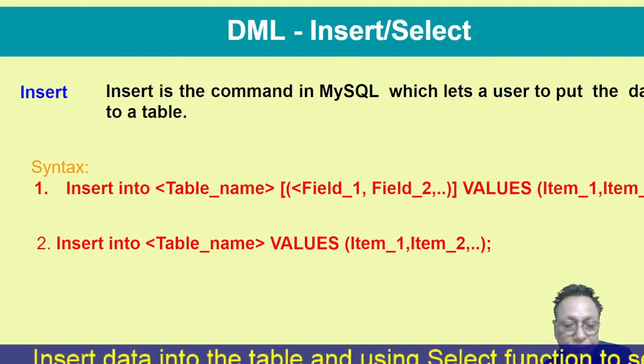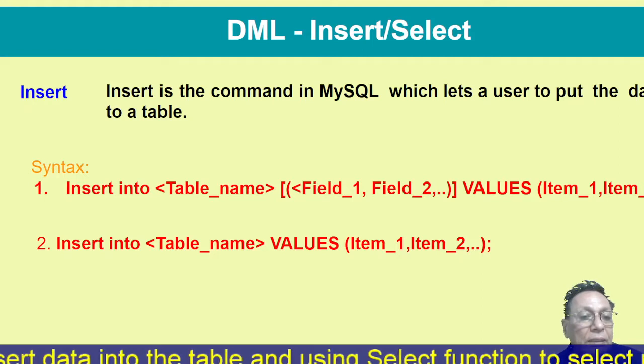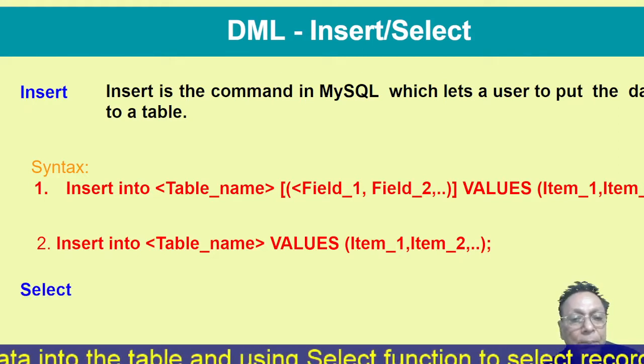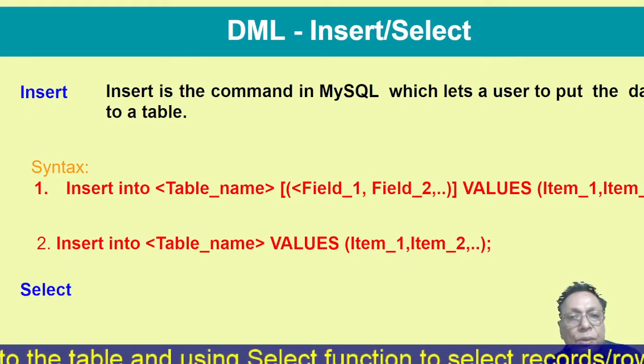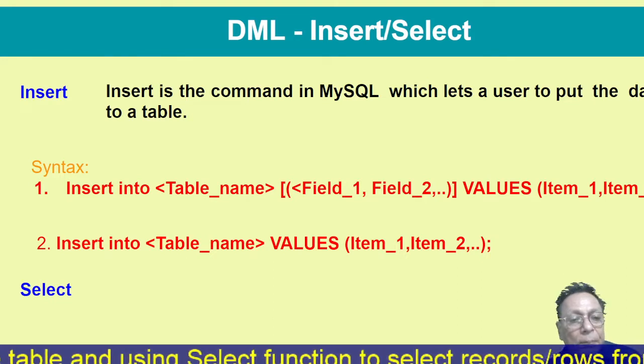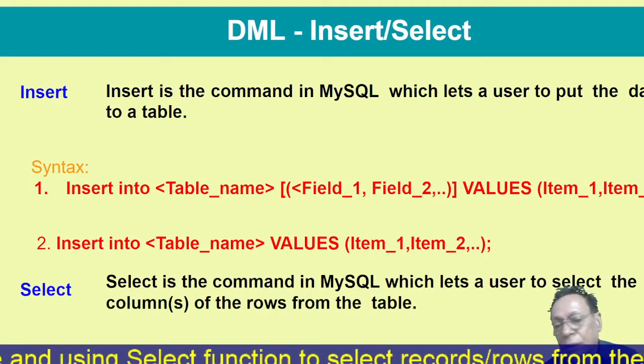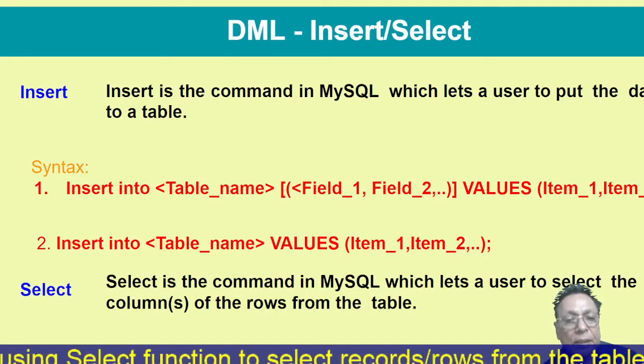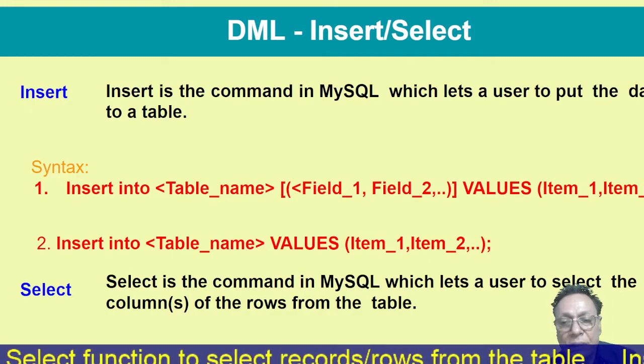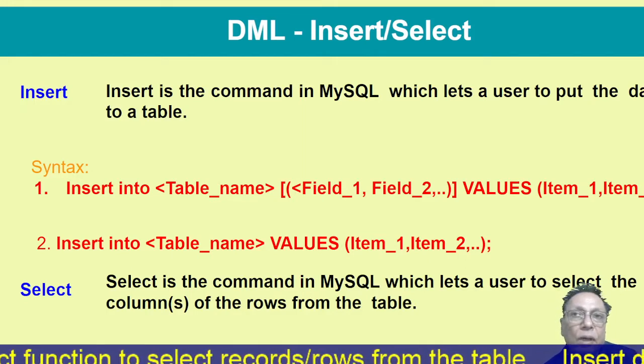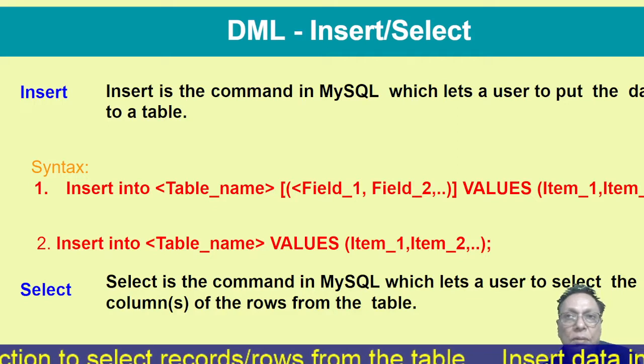Right now, I'm going to discuss the next command, that is the select command. This is also a DML command. What does it do? Select is the command in MySQL which lets a user select the columns of the rows.